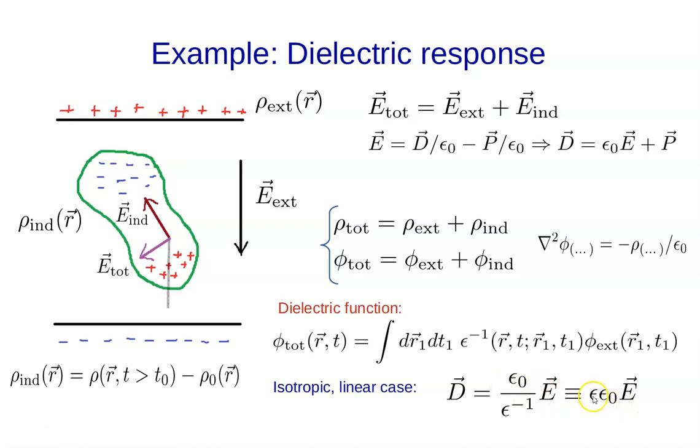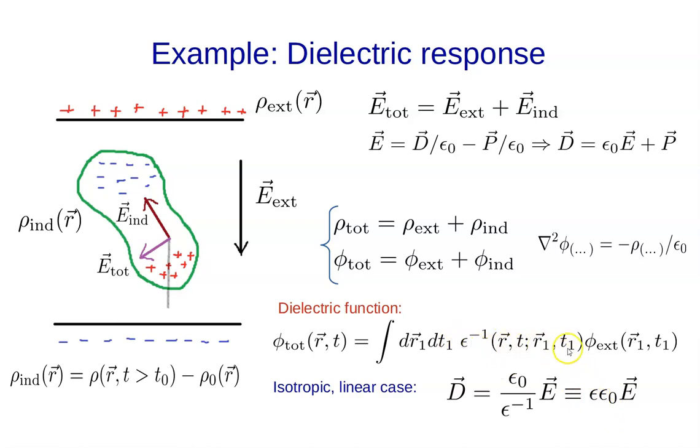And sometimes this product is called the dielectric constant. This is called something else, sometimes called the relative permittivity of the system. But here, what I'm calling the dielectric function is this.